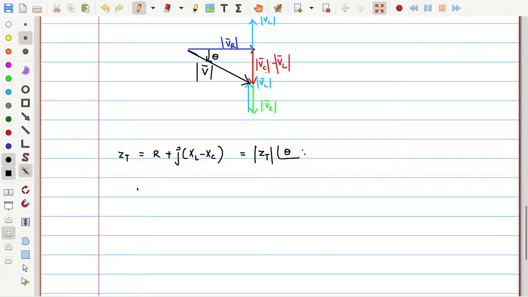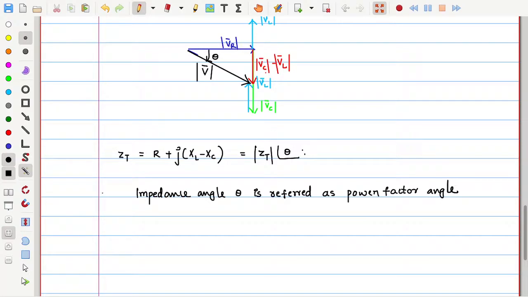This impedance has some angle, and how much is that angle? It is theta, referred to as the power factor angle. The impedance angle can also be referred to as the power factor angle.